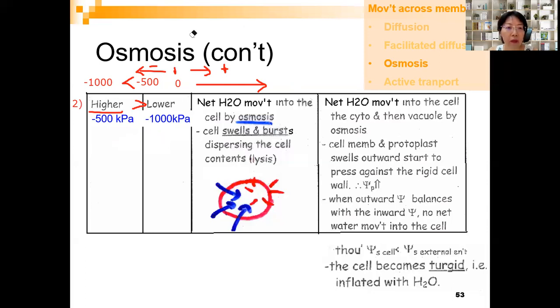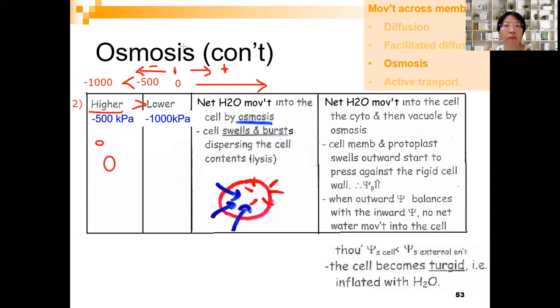Will there be water moving from the cell out of the cell, Shumin? Will there be water moving out of the cell? No. Okay. Now you've got water molecules on the left and right side, right?